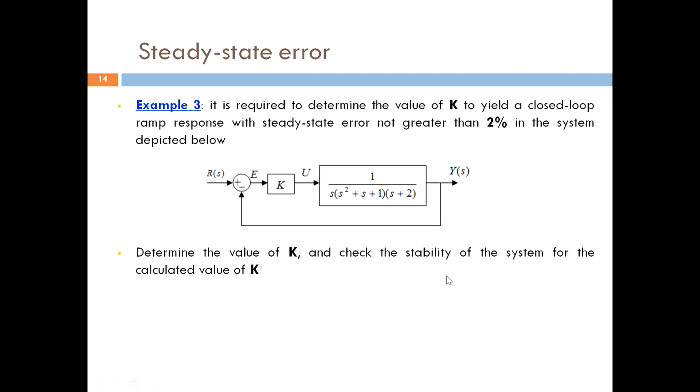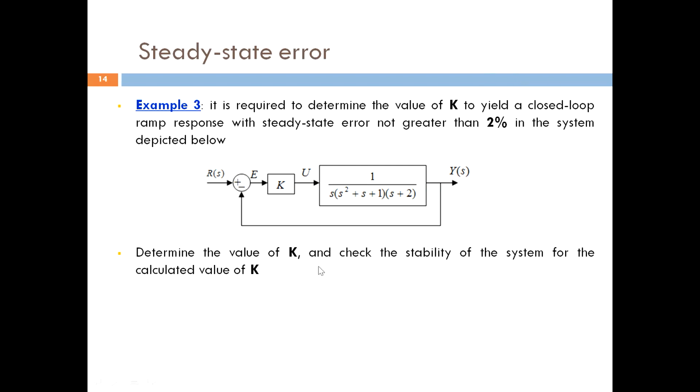One more example that we looked at in class, this is a design example. We are given a system here, and it is stated that we assume that we are designing a controller that is going to limit the steady state error of this system to 2%.